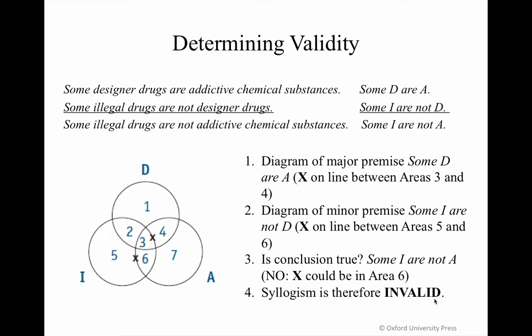Now, let's look at the conclusion. Remember, you always only diagram your premises. The conclusion says, some I are not A. Maybe, but maybe not. Look at that X that straddles the line between areas 5 and 6. If the X were in area 5, the conclusion would be true.